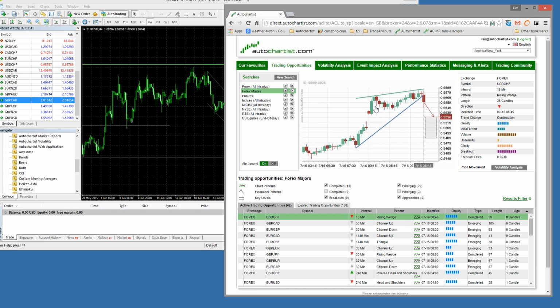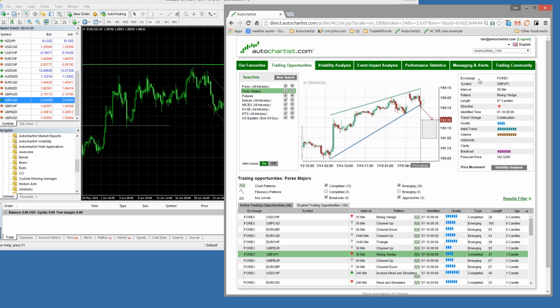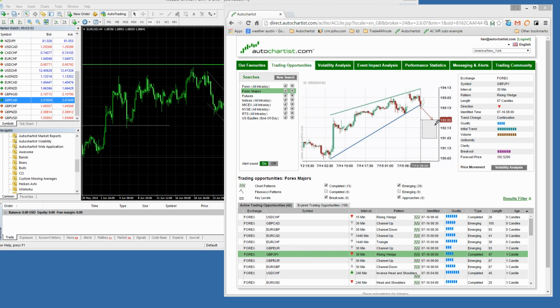It just seems like the price had a big move and then consolidated. Let's find a different example. GBP JPY, this is quite an interesting one. You can see there was a breakout through a support level at around 193.20, and Autochartist forecast a price movement towards 192.52. So that's the breakout over there.